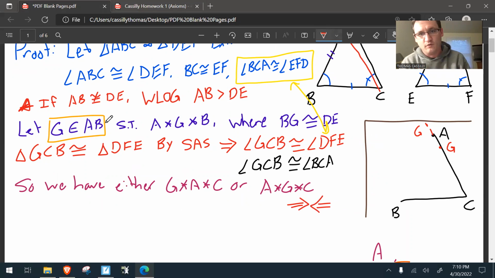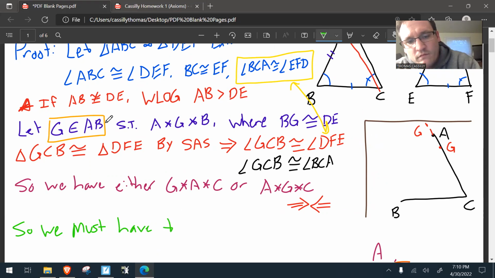So the only way to get around this, we must have that point G is the exact same point as point A. They are indistinguishable. So G and A have to be the same point. All right.